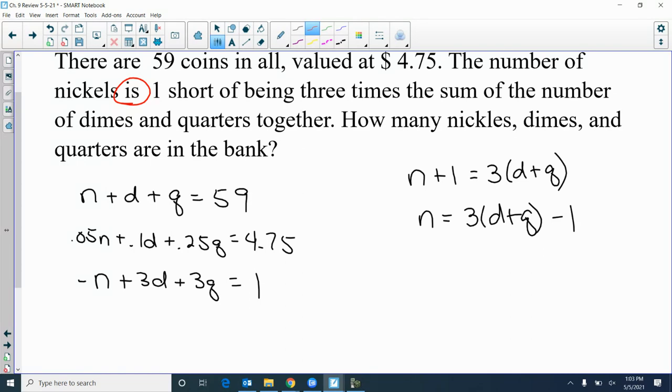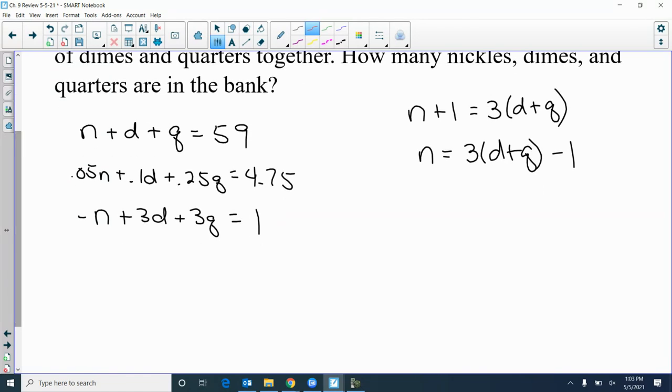All right, from there, you're allowed to use your calculators. Go ahead and input the matrices. You got to get the n, the d, and the q all lined up.